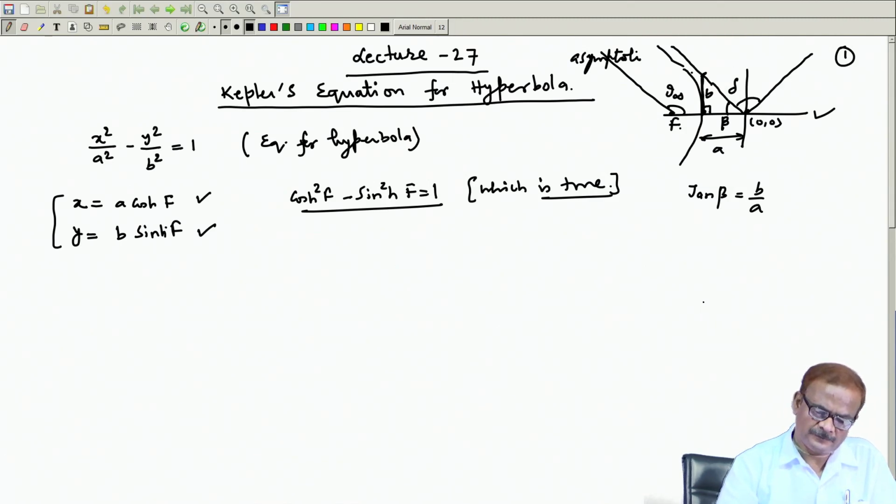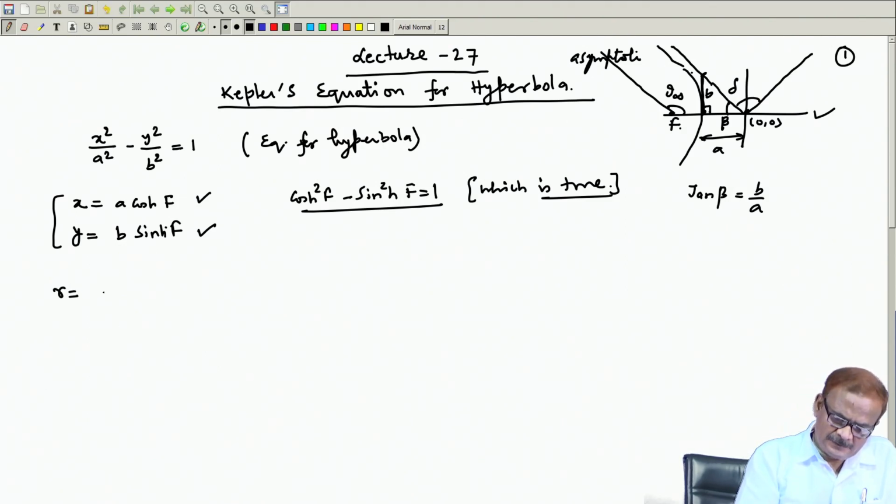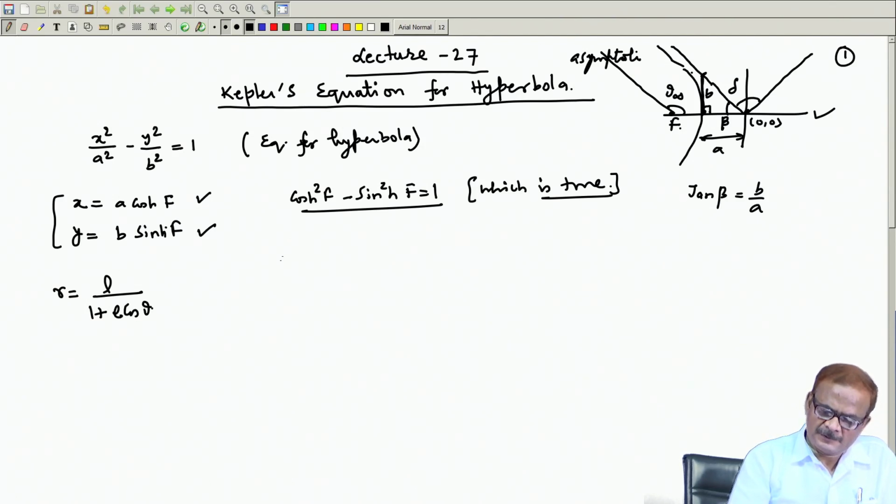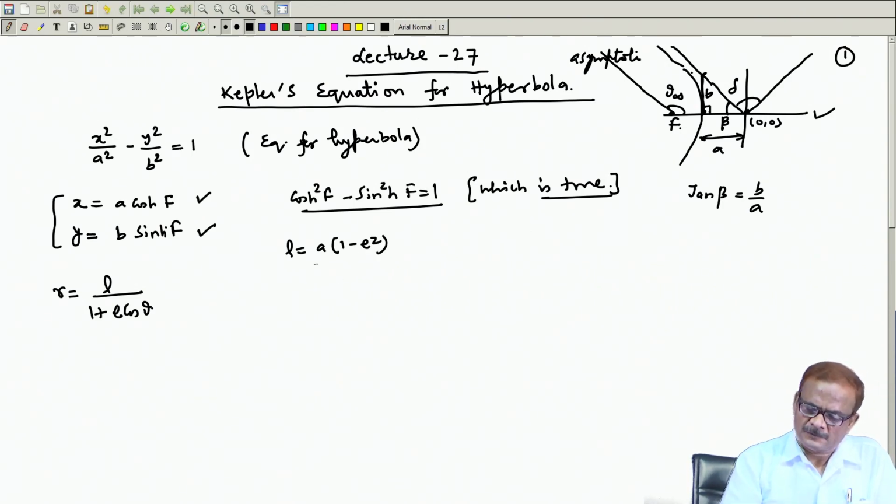Right now that is not required. Thereafter, using this we started writing the equation for the conic section, which is r equal to L by 1 plus e cos theta. Remember that L can be written as a times 1 minus e square, and this can be written as L equal to a times e square minus 1.